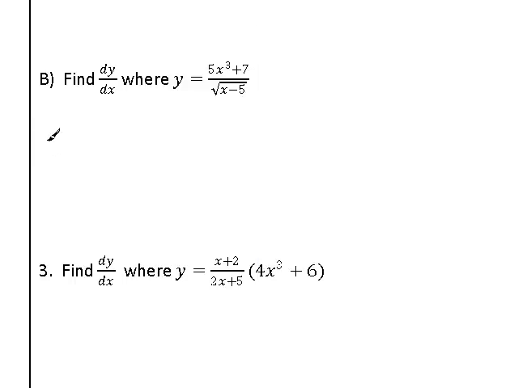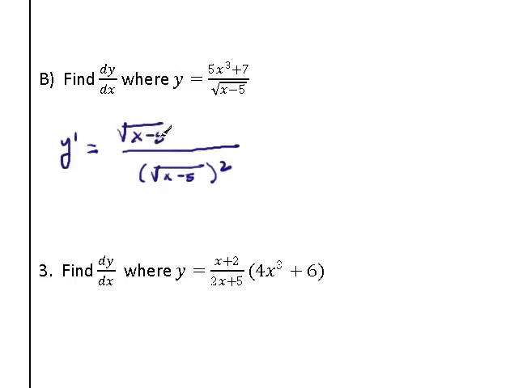So in this case, y prime is equal to, in the denominator we take g squared, so that's the square root of x minus 5 squared, or actually this is just x minus 5. Here we write g times the derivative of the numerator, so that would be 15x squared, minus the derivative of the denominator, so we're assuming we know that that is 1 over 2 square root of x minus 5, times the numerator.